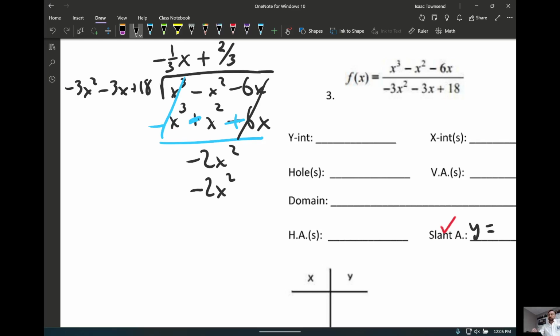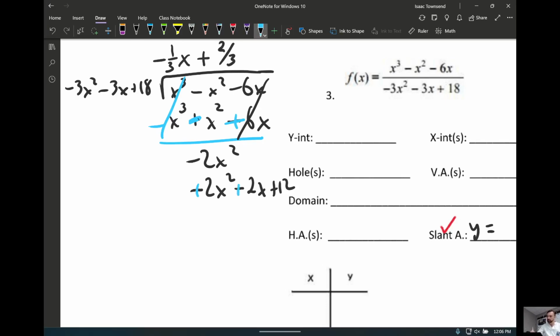Alright, so this times this gives me this. 2/3 times negative 3x. Positive times a negative is negative. 3 times a third would be 1. Times 2 would be 2. And there's an x. And then 2/3 times 18 is like 18 divided by 3, which would be 6, times 2, which would be 12.